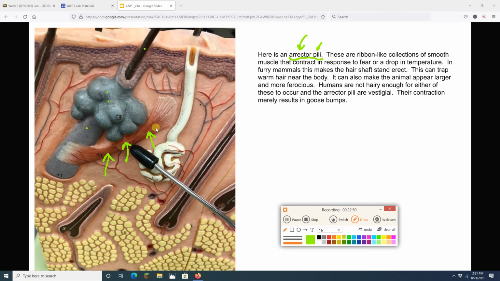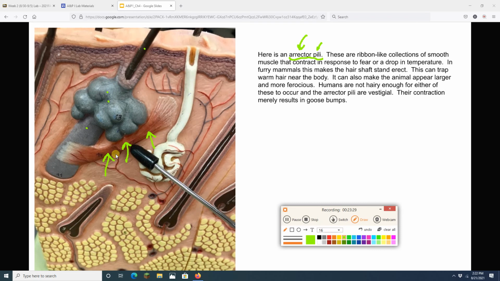So this smooth muscle tissue, and there's one on every hair follicle, is going to contract when you get scared or when the temperature is cold. Now, this is another one of those vestigial structures where it doesn't do anything for us, but in other animals, other mammals, it serves a crucial function. When it's cold out and these muscles contract, they make the hair stand up, which has the effect to trap more warm air near the body and help insulate it.